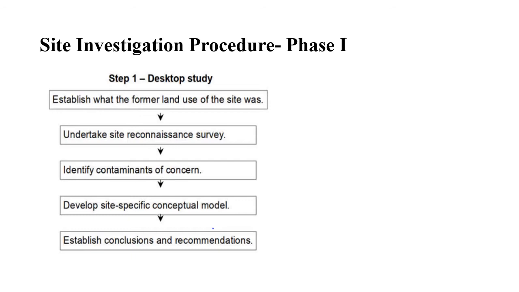It will be more clear to your client if you show such models or flow diagrams which can clearly show him the possible sources, the pathways, and the receptors. So developing such conceptual models for contaminated land investigation is always useful. Based on that we can come to conclusions, and we can propose recommendations for phase 2 to begin.